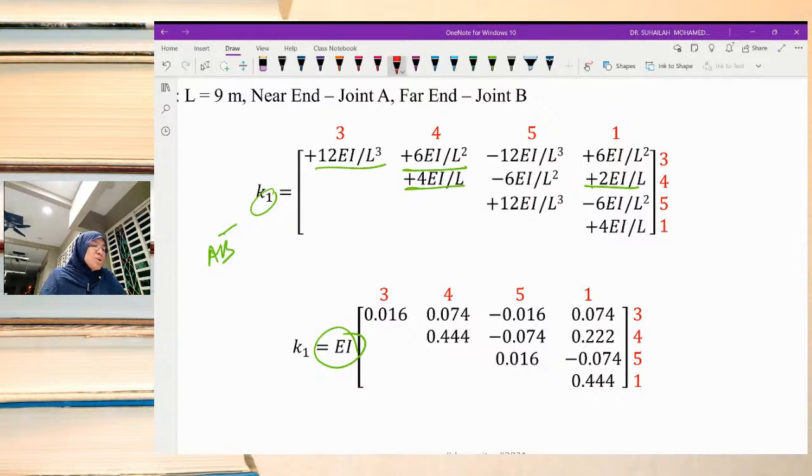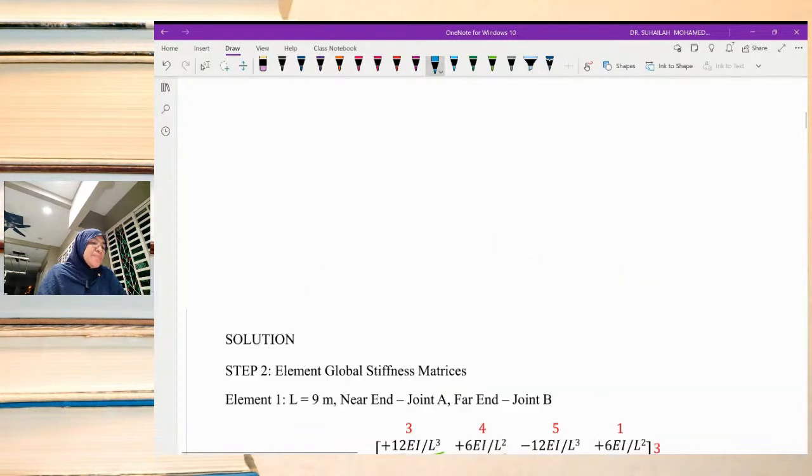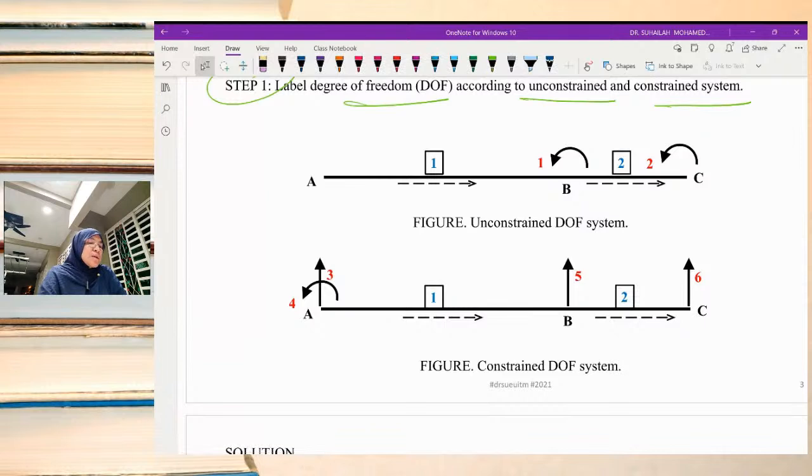What is most important is that we label the K correctly, based on the label on the diagram. For element number one, we label starting from near.